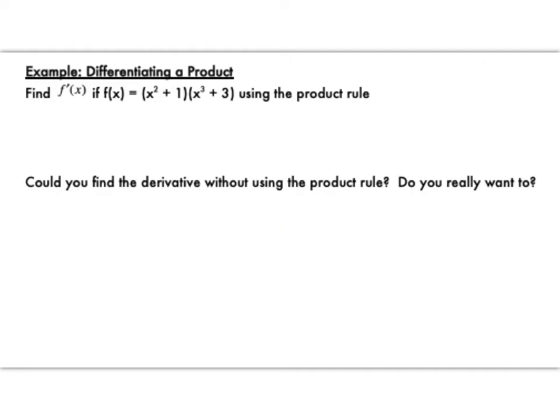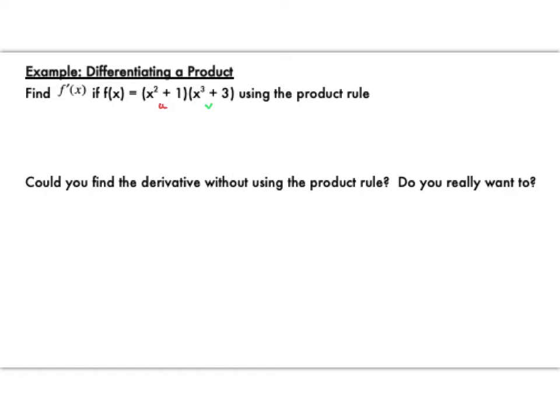Okay, so here's what we're going to do. We're going to do the example here of differentiating the product of these two functions, and I think this one example is all you really need to see here. So we're going to call this function f of x, x squared plus 1 times the quantity x cubed plus 3. We're going to call this the u in our formula, and then we're going to call this the v.